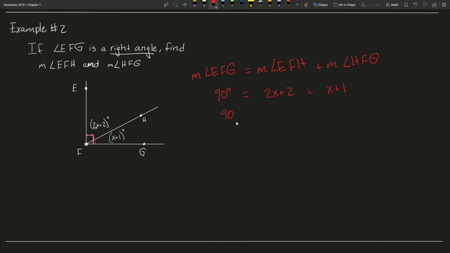So 90 is equal to 3x plus 3. If we subtract 3 from both sides, we get 87 is equal to 3x. So 29 is equal to x.